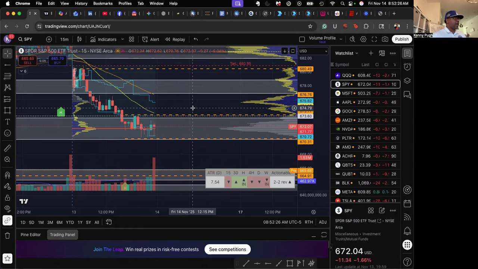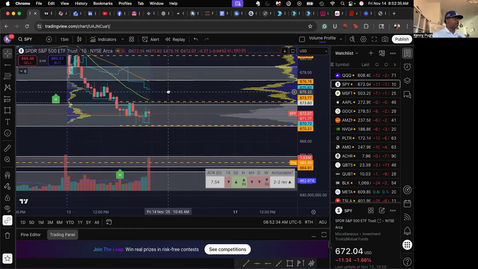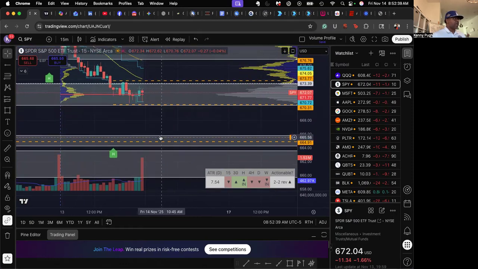So we want to keep an eye on that as we are approaching the market. It will be very interesting to take counter trend trades based off of what we see. The trend is currently down. We'll see a gap down once the market opens up, and it'll be interesting to see how the market responds.